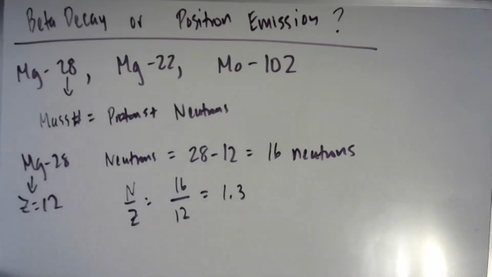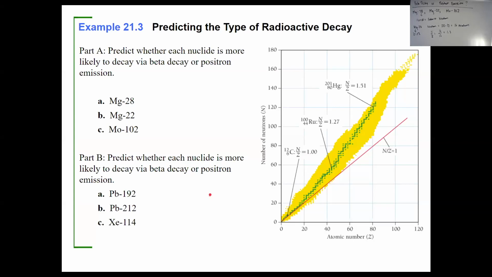Now you can look back to the chart that we have. I'll put up the chart again. What you want to find is the place that would represent magnesium as close as possible on this table. The atomic number for magnesium is 12, so we'll say that it's around here.